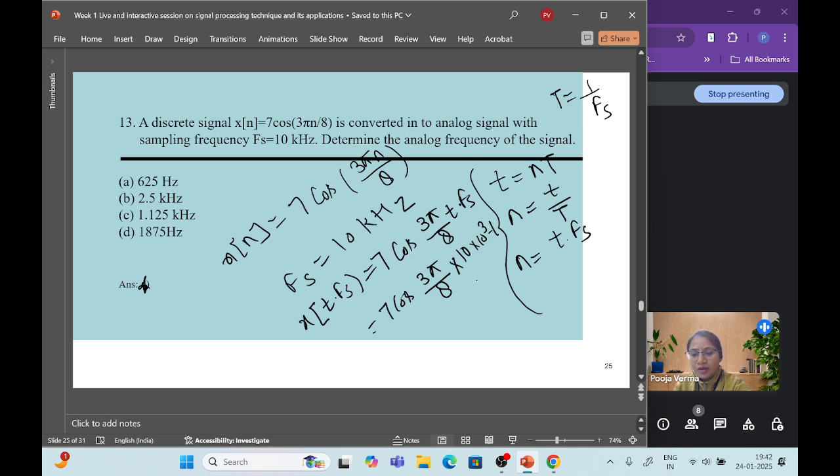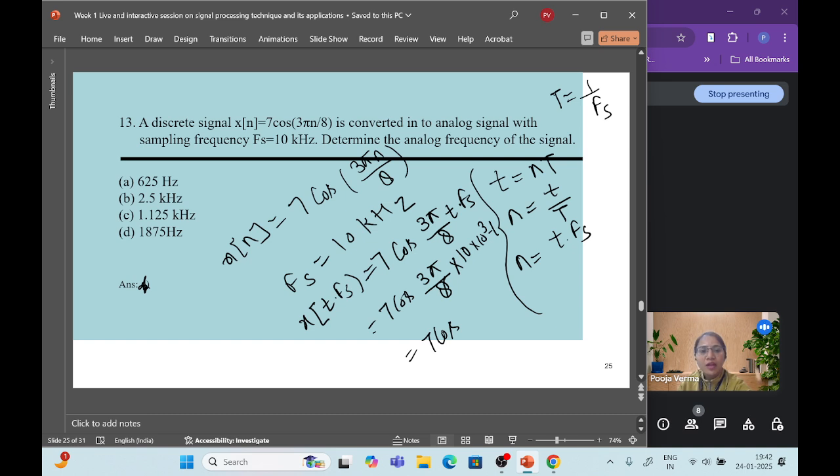Now just try to solve it, and they are asking only for the analog frequency. If you divide and multiply, what will we get?